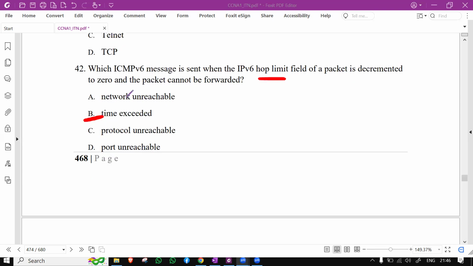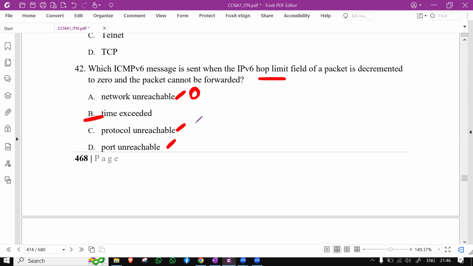Then these are the answers. I think we did ICMP and we talked of codes, the responses that you get in the form of codes to tell you why the network is not reachable. So if we have code 0, I think this is code 0, network not reachable. Then code 1 is host not reachable.